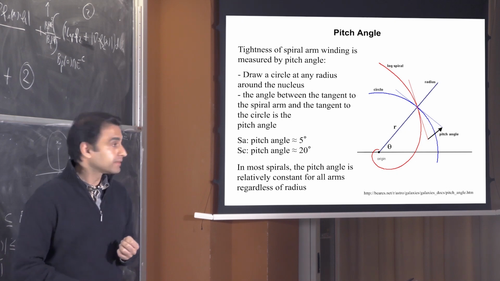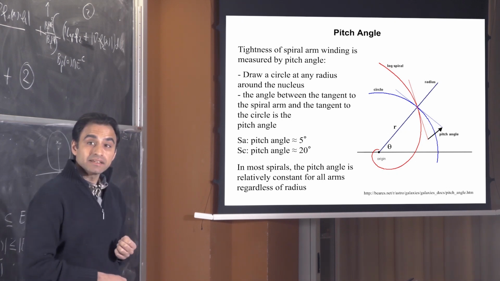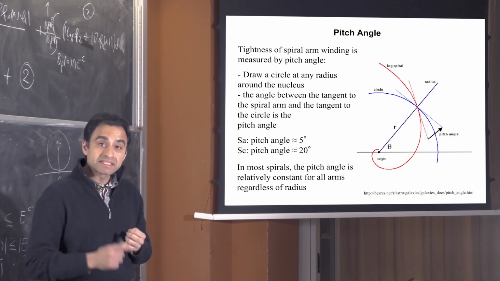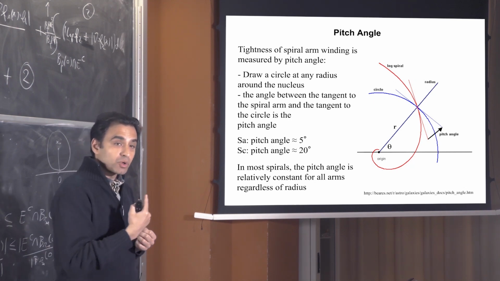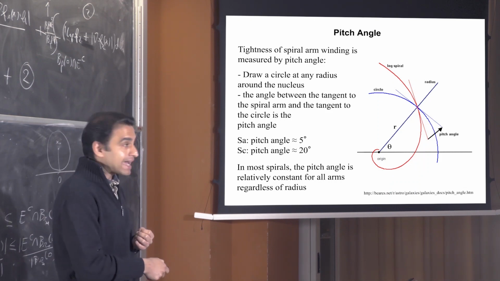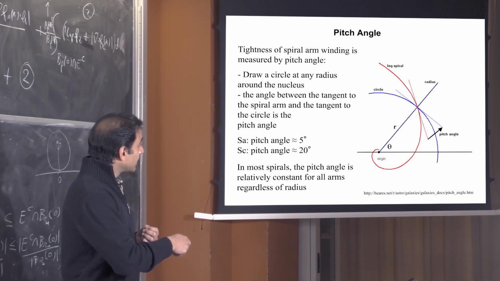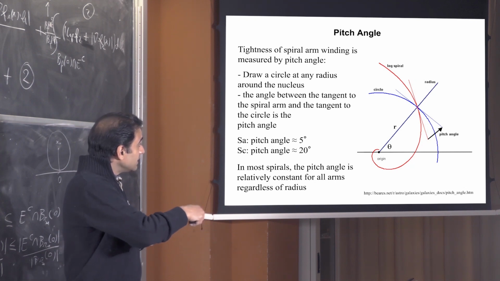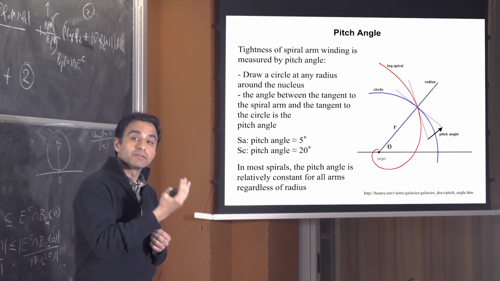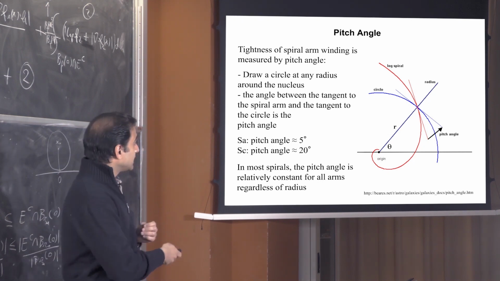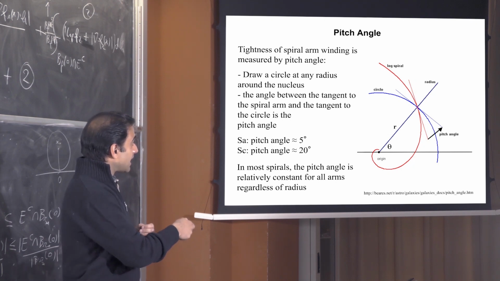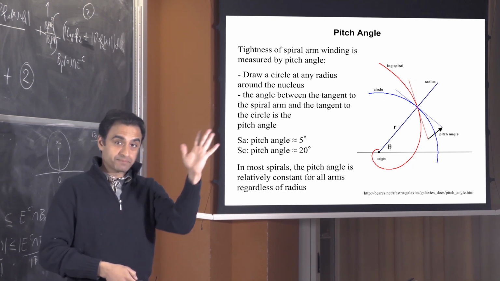Now let's see. In an Sa galaxy, as I told you, the winding of the spiral arm is much tighter. So what that means is that we expect in an Sa galaxy that this spiral arm will be closer to a circle, while in an Sc galaxy, as I said, this spiral arm will be looser.